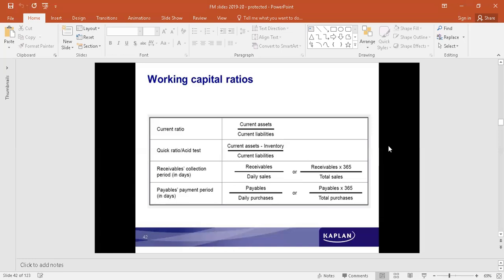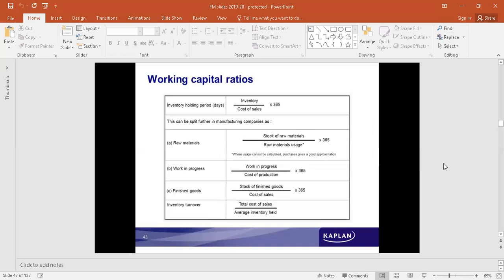Specifically, we need to find out the receivables collection period and the payables payment period. Under current liabilities, this is payables, and one more thing, inventory.